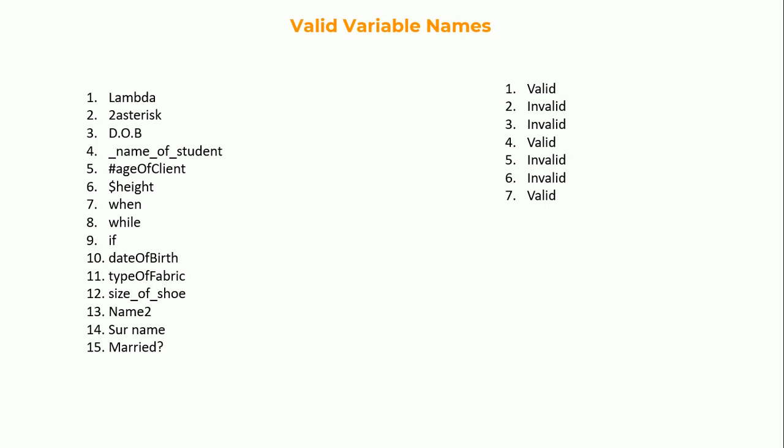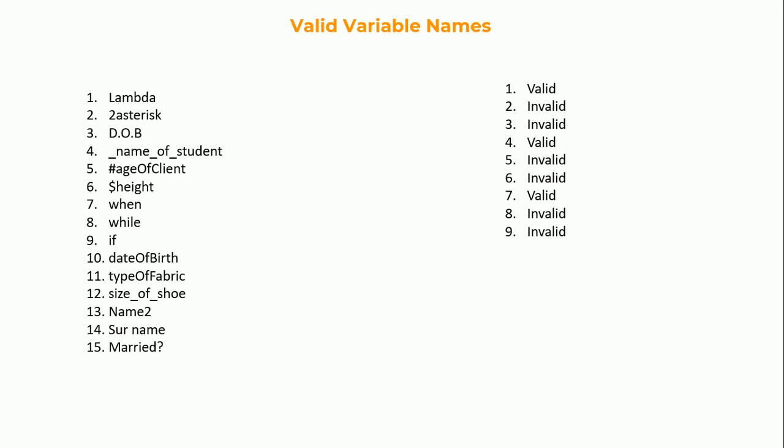But the word while is reserved in a lot of programming languages, and so it is invalid to use while as a variable name. But come to think of it, who at all will create a variable and name it while? Which container in the world is going to store something called while? Well, that's just by the way. But looking at the rules that we just learned, while is invalid because it's a reserved word.